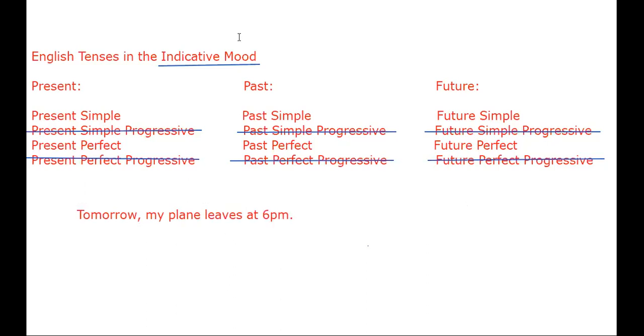The present simple can also be used to talk about events in the future. It's not the future tense, but it's pointing to the future here. So you could say it like this. Tomorrow my plane leaves at 6 p.m. So that's the use of the present simple to talk about the future.